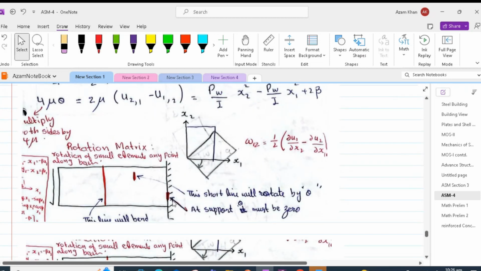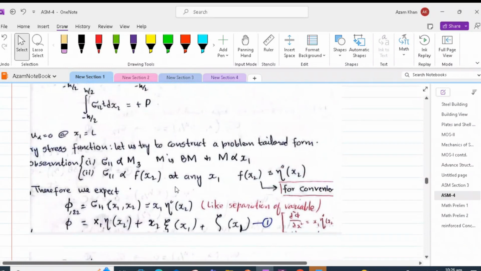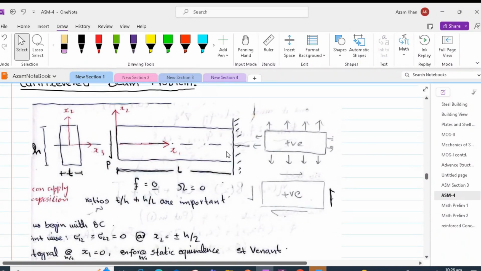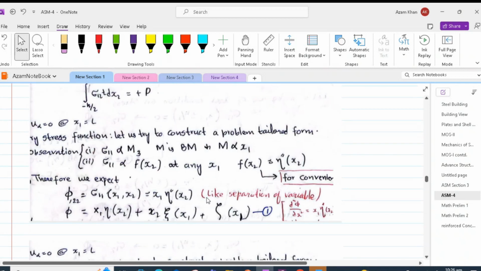So, first of all, we have to find out what our boundary conditions are. In the case of a cantilever beam, ideally, we want that at the fixed end, all the longitudinal fibers should have 0 x2 displacement, 0 x1 displacement, and 0 rotation.